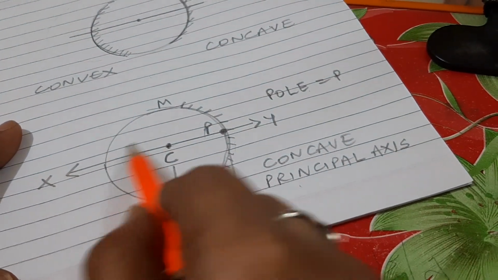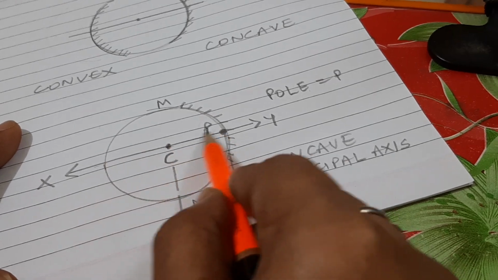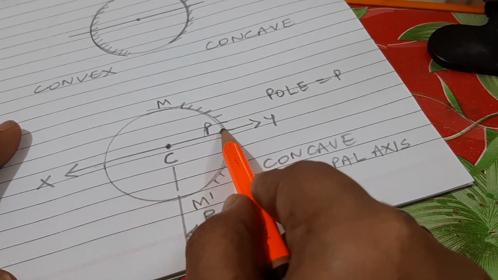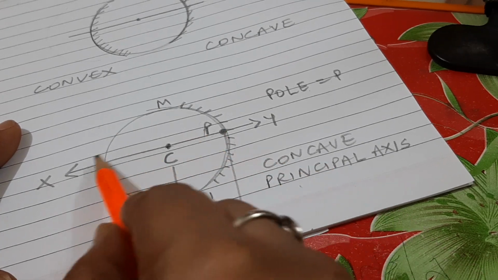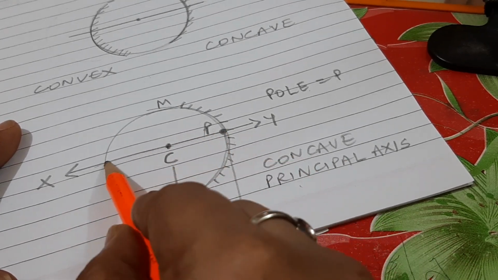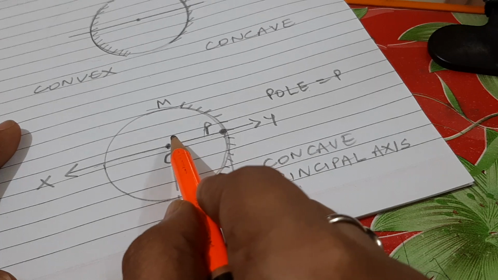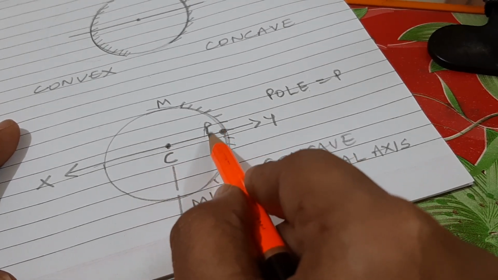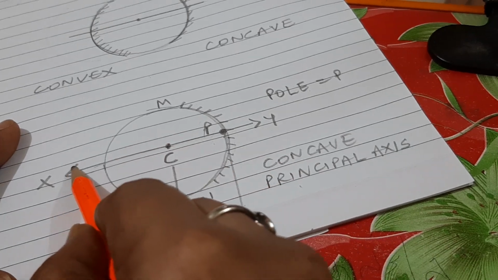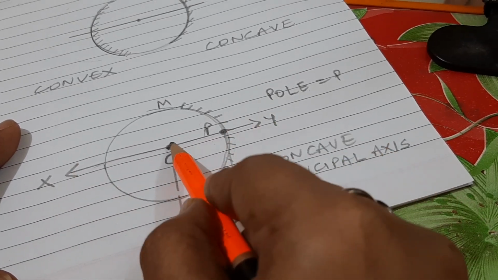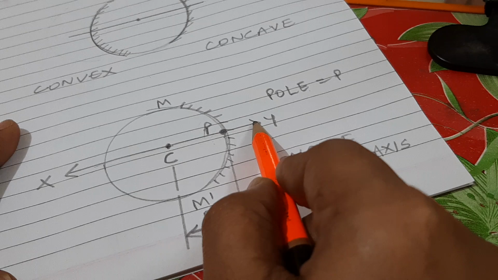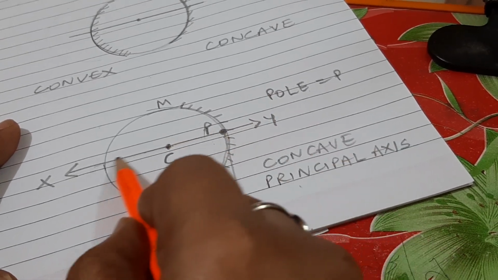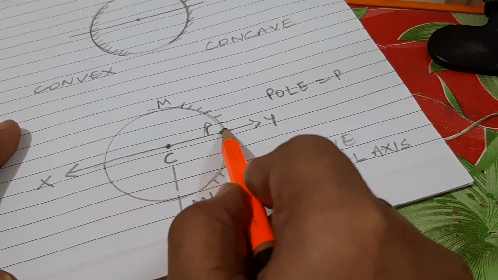Okay, so a straight line which passes through center of curvature and through the pole of the spherical mirror is called as principal axis. So here in this case we have drawn this line which is XY passing through the center as well as through the pole of the mirror. Okay, so this becomes the principal axis of the mirror.